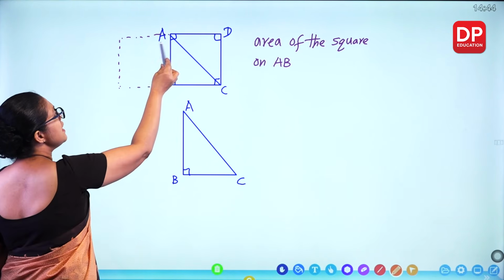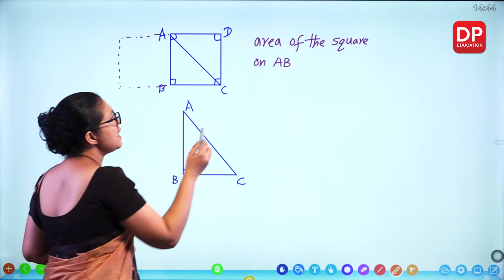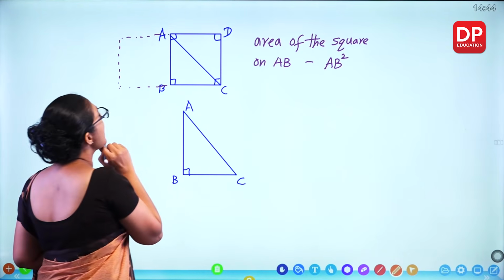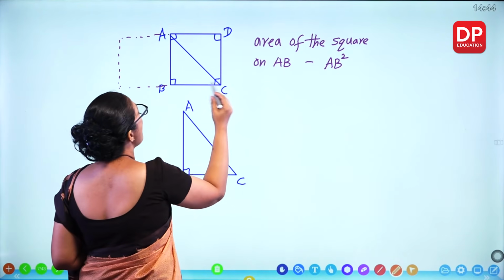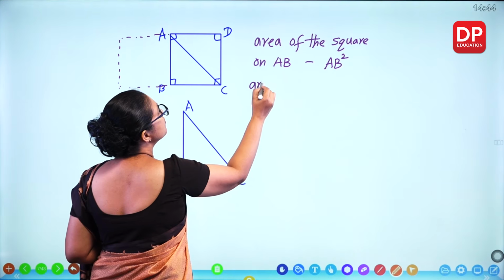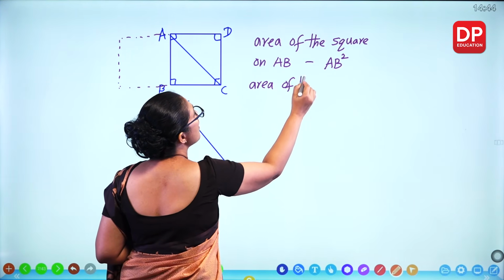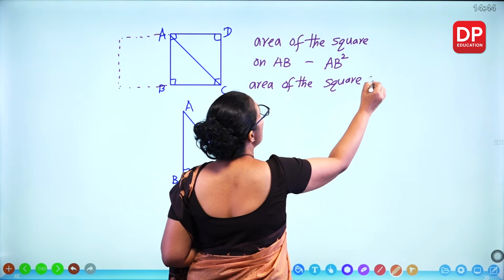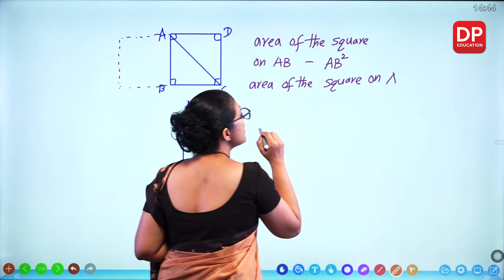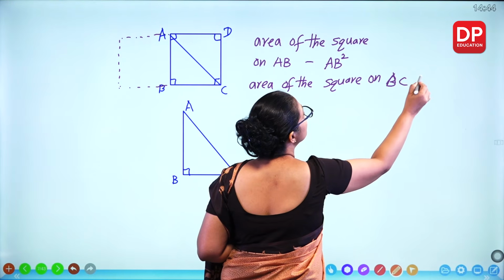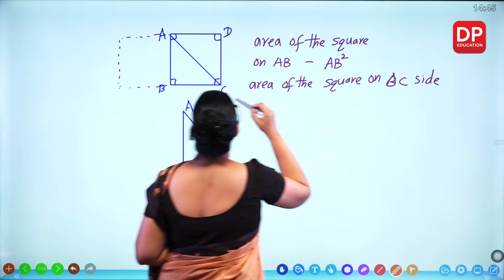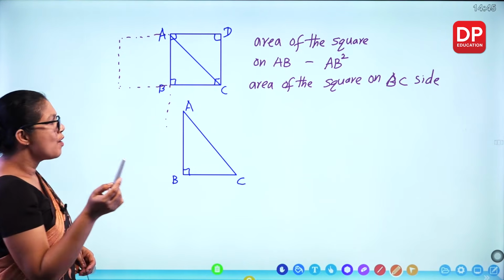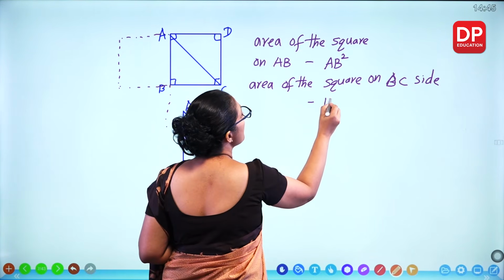You get AB into AB, AB squared. What's the area of the square on BC side? When you draw a square here, BC into BC, so that's BC squared.